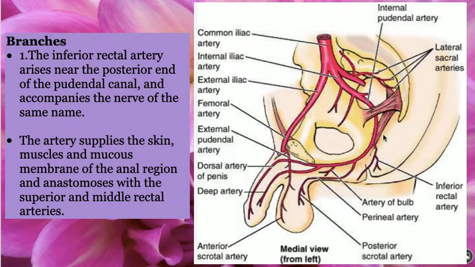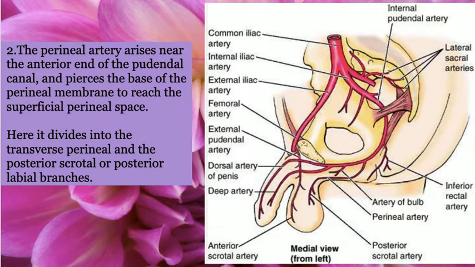Branches: we have firstly the inferior rectal artery in the posterior end of the pudendal canal, accompanying the nerve of the same name. The artery supplies the skin, muscle, and mucous membrane of the anal region and anastomoses with the superior and the middle rectal arteries.